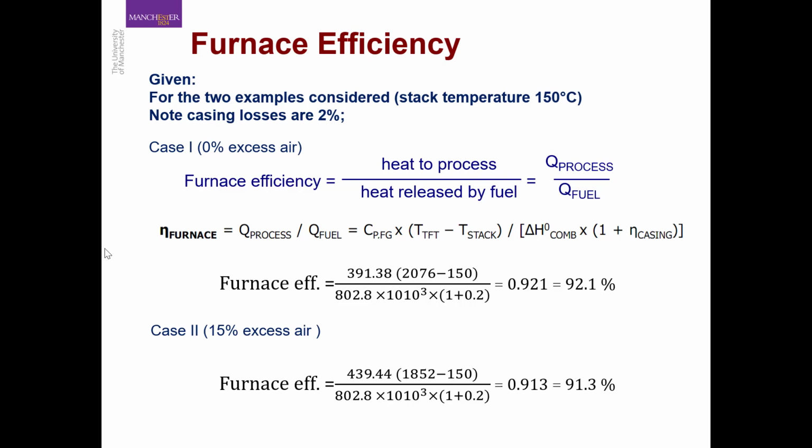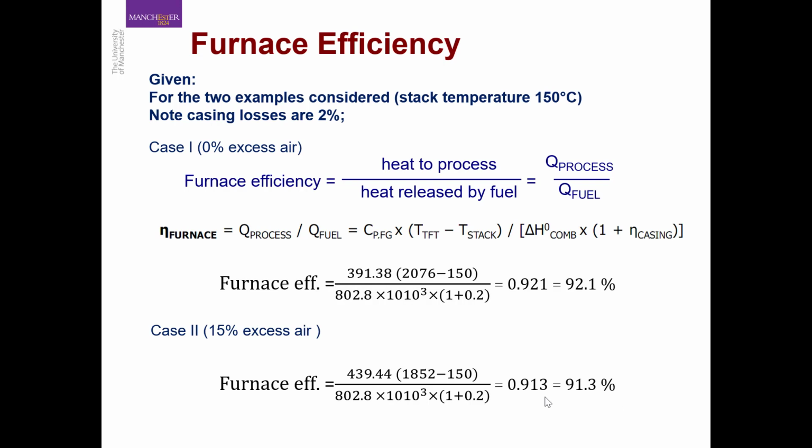Okay. So an important thing to notice here is that when we are providing excess air, not only do we have a reduction in theoretical flame temperature, as you can see, in the first case we had 2076, and that dropped to 1852, but we also have a reduction in efficiency from 92.1% for case 1 to 91.3% for case 2.